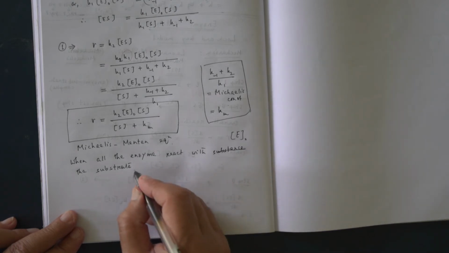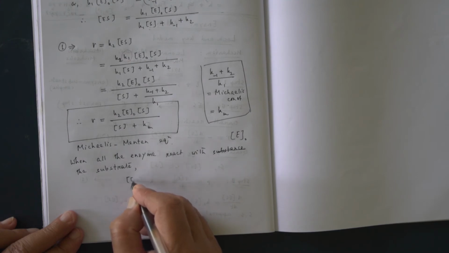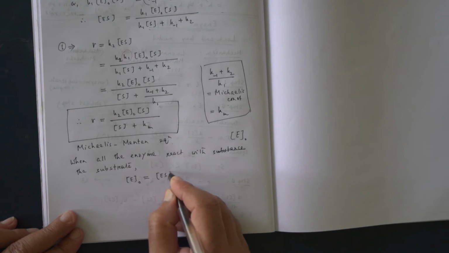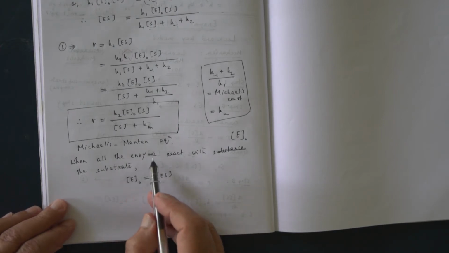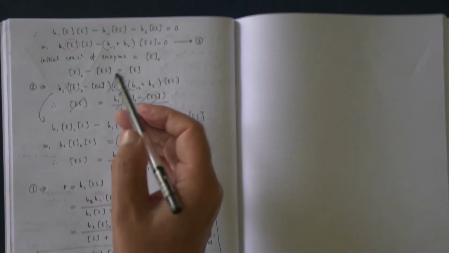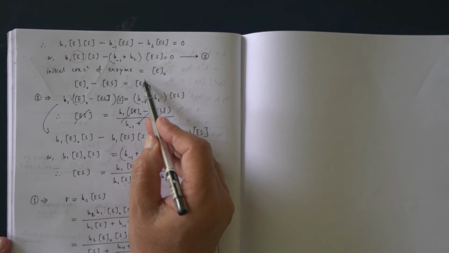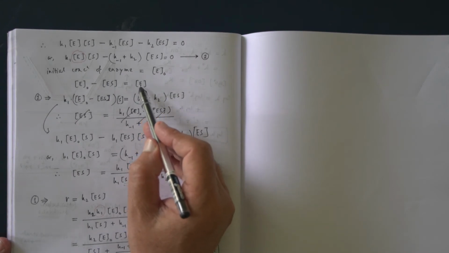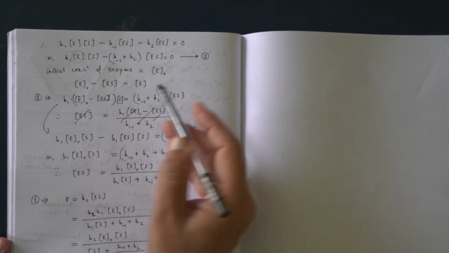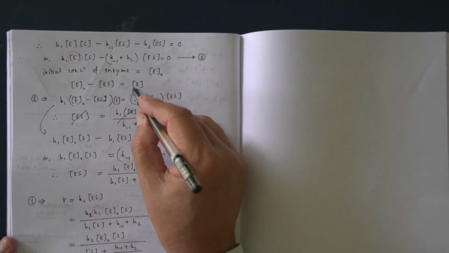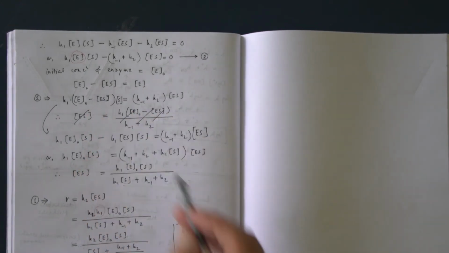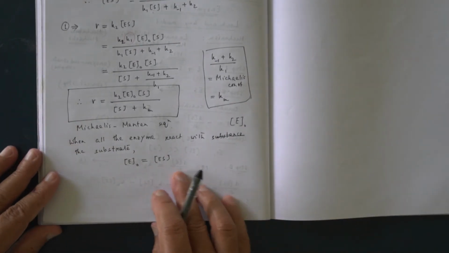In that case, the concentration of E naught will be equal to ES, because when all the enzyme reacts with the substrate, there will not be any unreacted enzyme. That means this will be 0, so E naught equals ES.